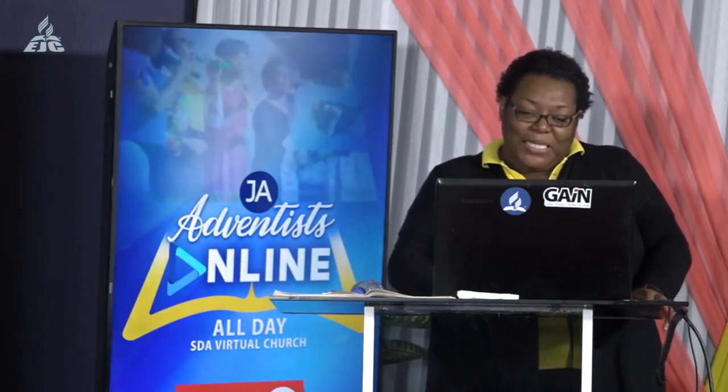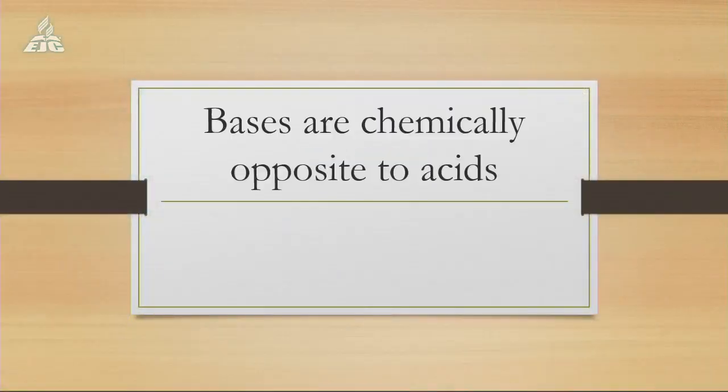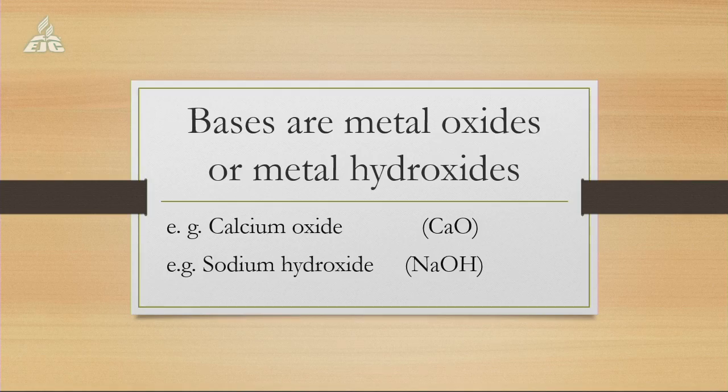What are bases? Bases are said to be the chemical opposite of acids. As indicated before, if we want to identify a base, we can look in its name or its formula.